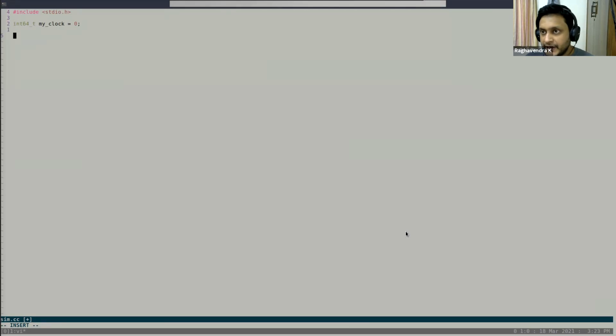Okay, so now I have declared these 5 functions. It's called instruction fetch. What is the other function? Instruction decode. Exec, memory, and write back.